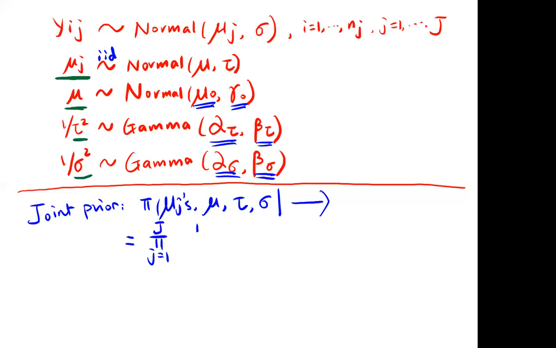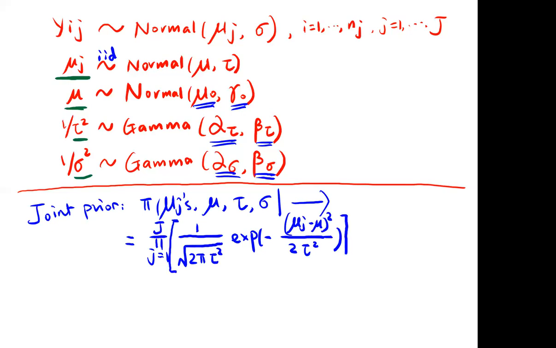So let's start writing the density here. It's 2 pi, and tau squared, because that's what the variance is. And then in the exponent, negative 1 over 2 tau squared, and then mu j minus mu, squared. And just to be clear, it's the product of the whole bracket. Okay, that's the part about mu j.